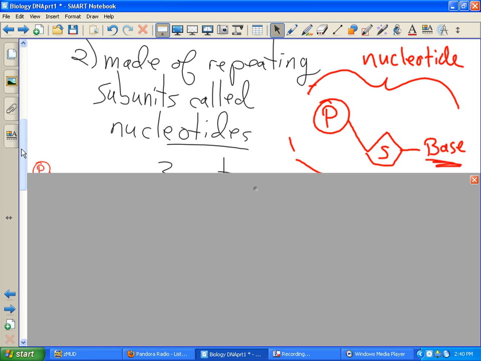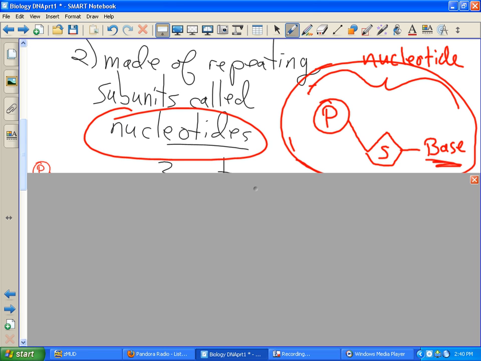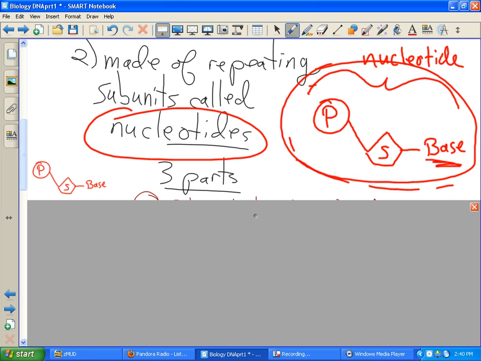One part is represented by just a letter P, one is a letter S, and the third component is called a base. But this whole thing is called a nucleotide. So when we refer to that, think of these little three-part building blocks.